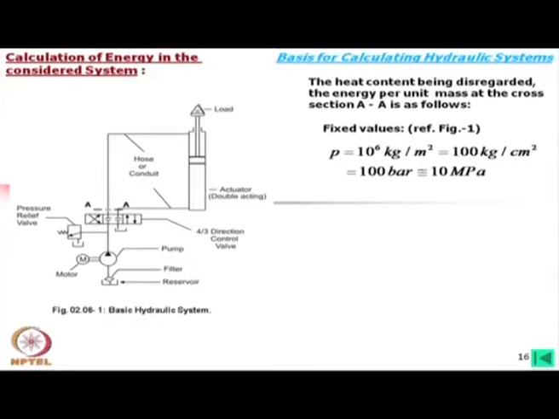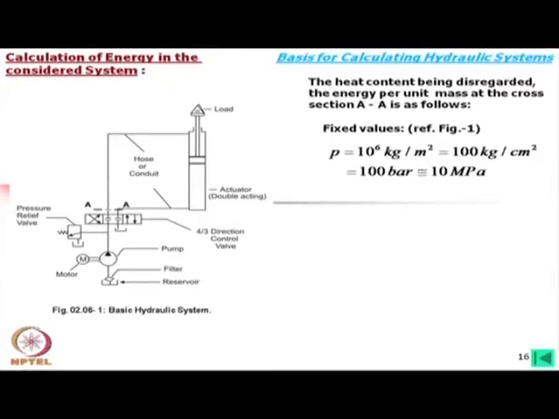Of course, in the European countries they were using PSI, but SI units have now become popular, and we are trying to consider the SI units only.